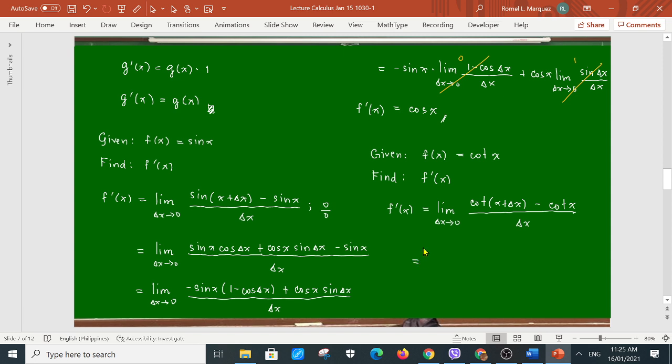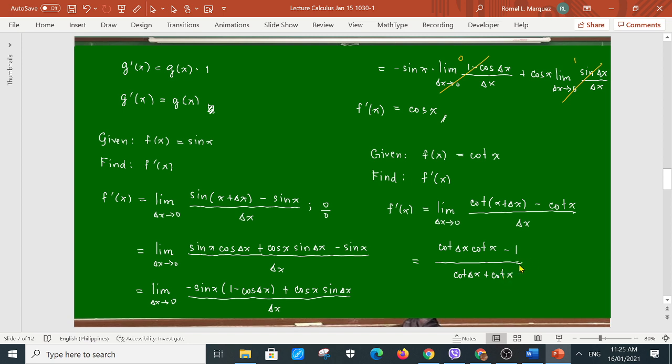Do you know the identity of the cotangent of a sum? There is an identity for that. That is cotangent of the second times cotangent of the first, minus 1, all over cotangent of the second plus cotangent of the first.